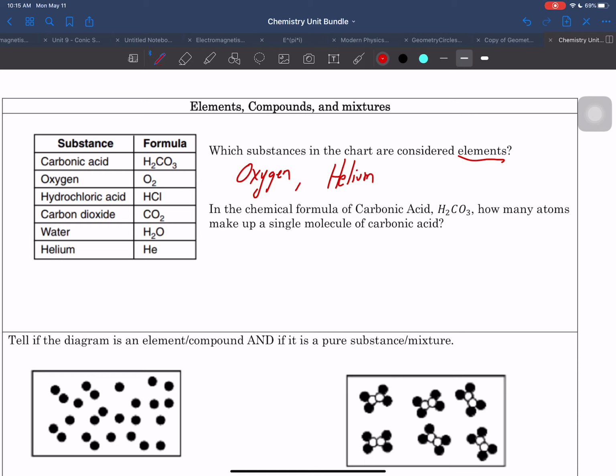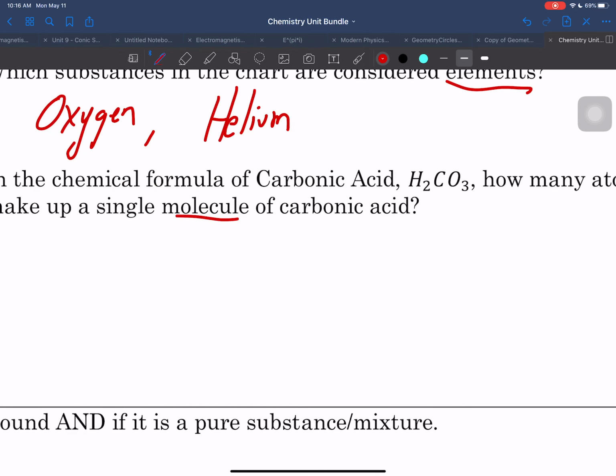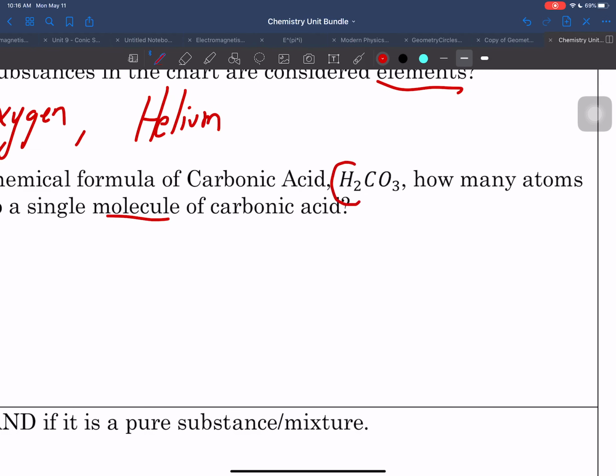In the chemical formula carbonic acid, H2CO3, how many atoms make up a single molecule? So you've got to look at each of the letters that we have with their little subscript numbers. So this is one molecule, by the way. The whole thing is one molecule.